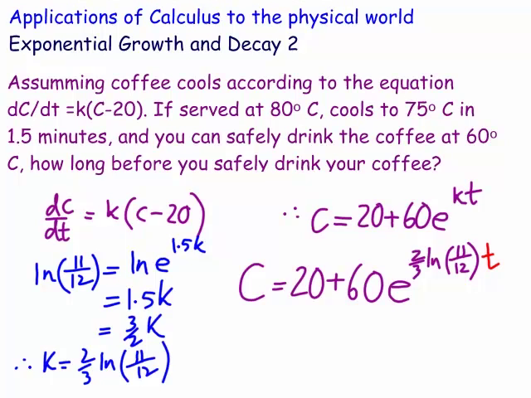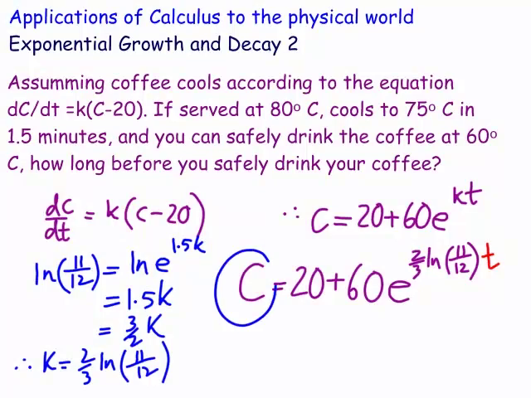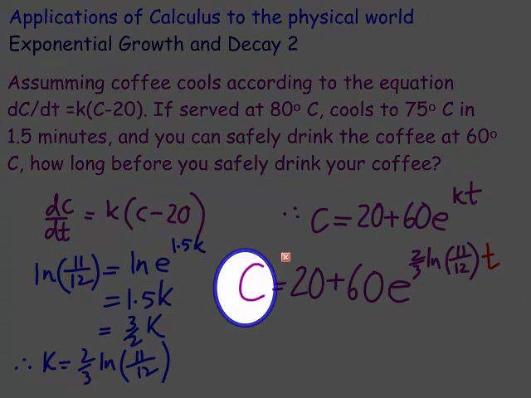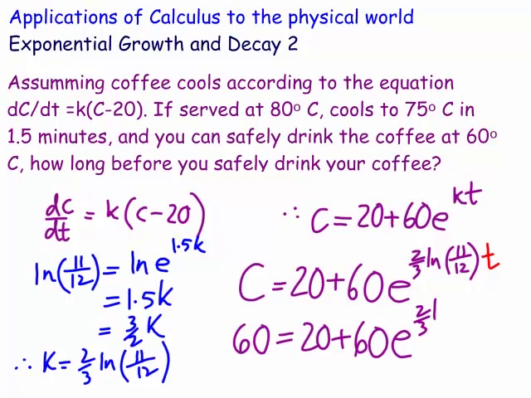We assume the coffee is safe to drink at 60, so we need to solve 60 equals 20 plus 60 lots of e to the 2 on 3 ln 11 on 12 t. We need to solve this equation for t.